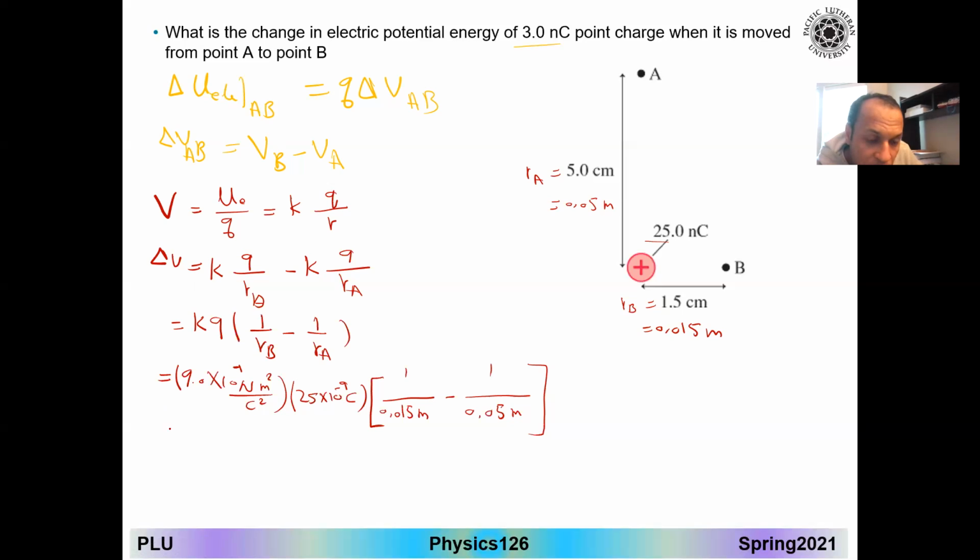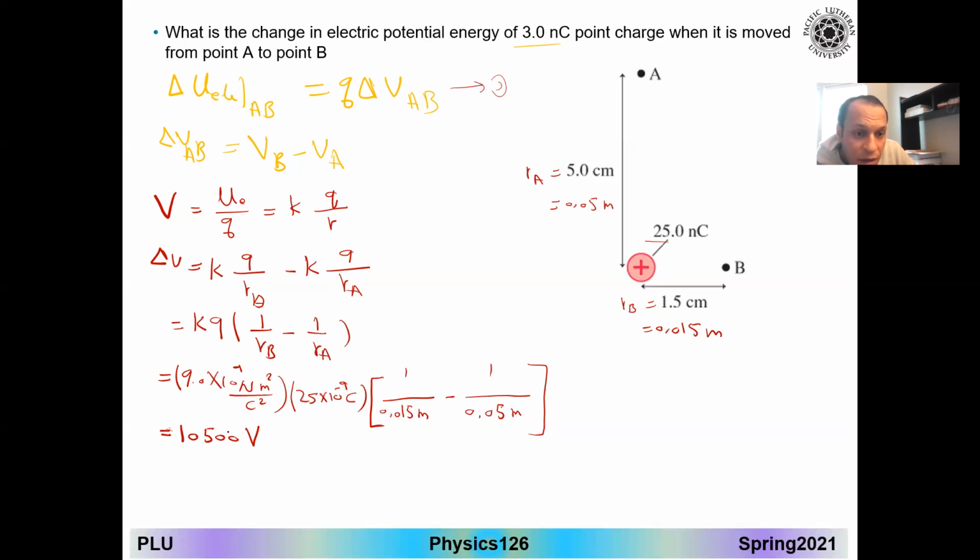You can end up with that calculation here. If my calculation is right, it gives you this value, 10,500 volt.